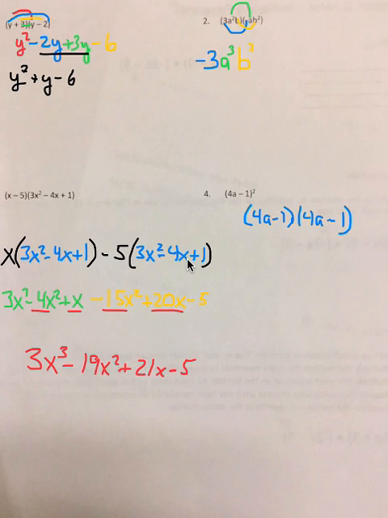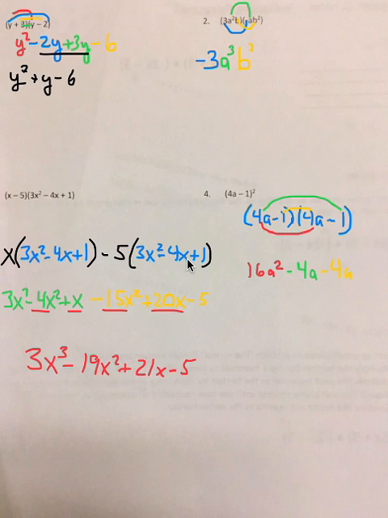I'm going to use FOIL again. First, 4a times 4a, 16a squared. Outside, 4a times negative 1, negative 4a. Inside, negative 1 times 4a, minus 4a.